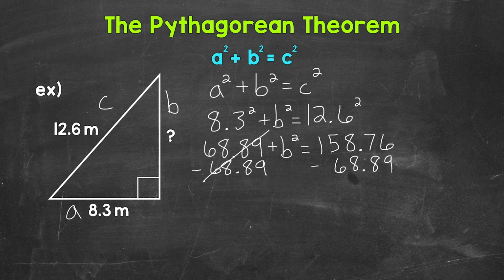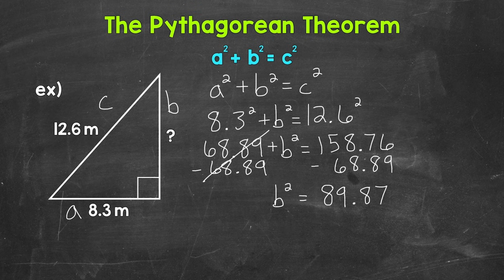These cancel out on the left side of the equation, so we are left with B squared equals 158 and 76 hundredths minus 68 and 89 hundredths, which gives us 89 and 87 hundredths. So now we have B squared equals 89 and 87 hundredths.